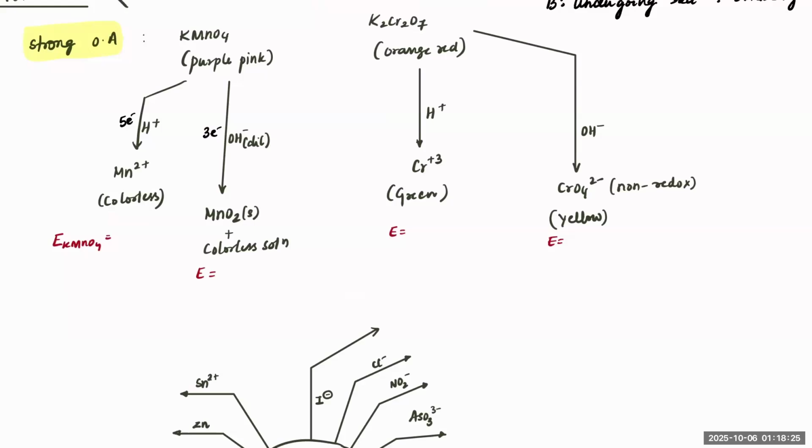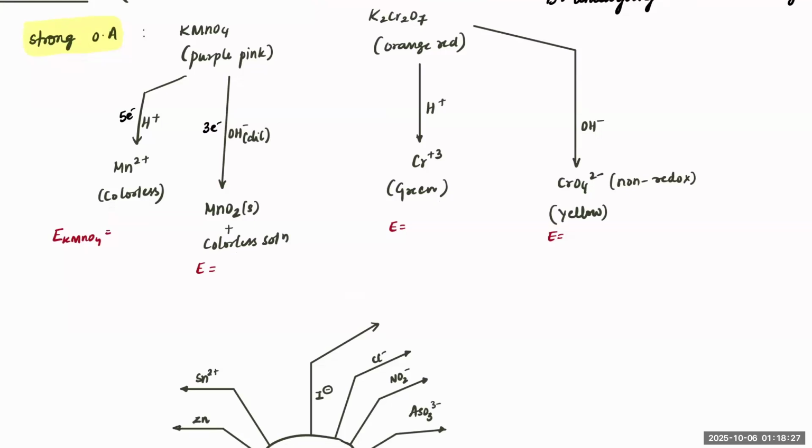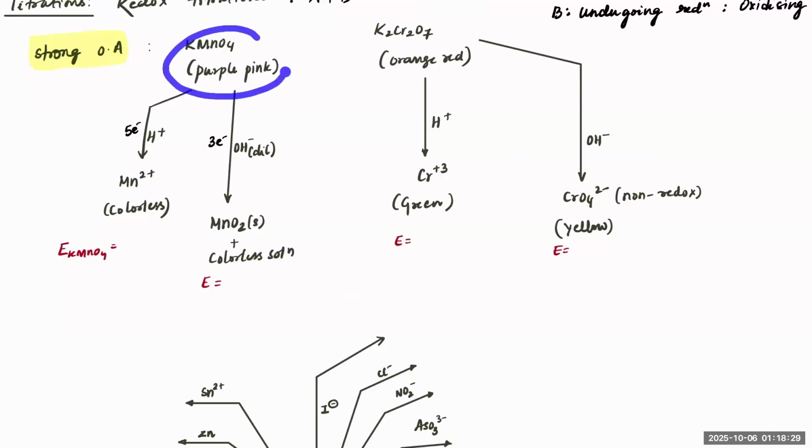In acidic medium, it will convert into Mn2+. In a basic medium, which should be very dilute, it will gain 3 electrons and convert itself into MnO2 plus some colorless solution. Got it?